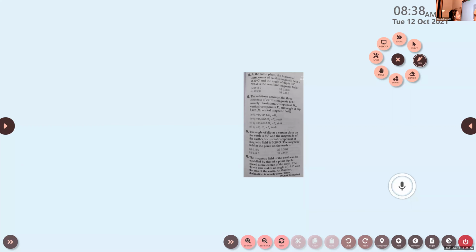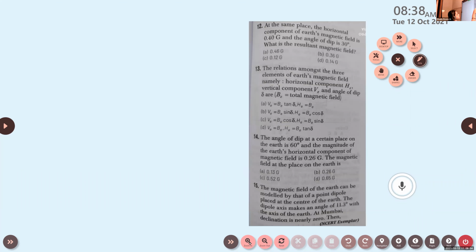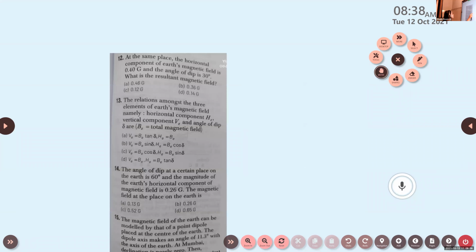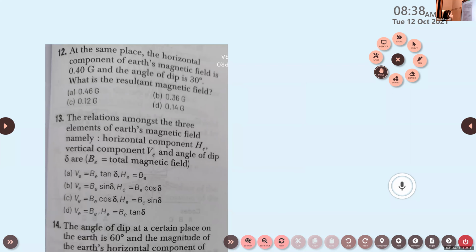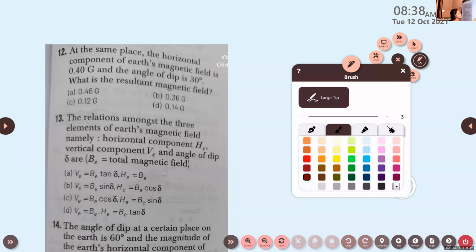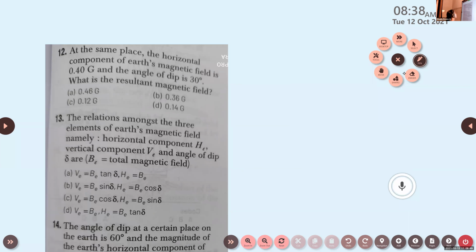Now the next one. At the same place, the horizontal component of Earth's magnetic field is 0.40 Gauss and the angle of dip is 30 degrees. What is the resultant magnetic field?